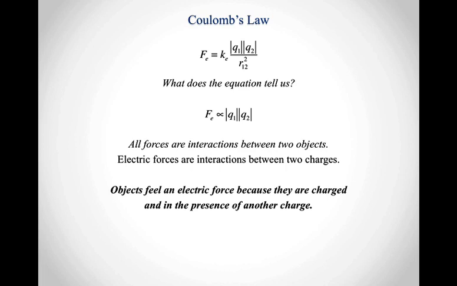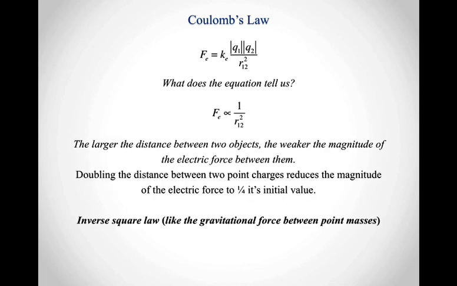The electric force is clearly an interaction between two charged particles. So Q1 and Q2 is making it clear that we have two charged particles. That's what's doing the interaction that generates an electric force. Objects feel an electric force because they are charged and in the presence of another charge. So it takes two charges to generate an electric force.